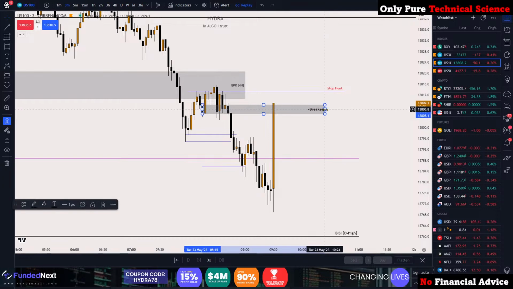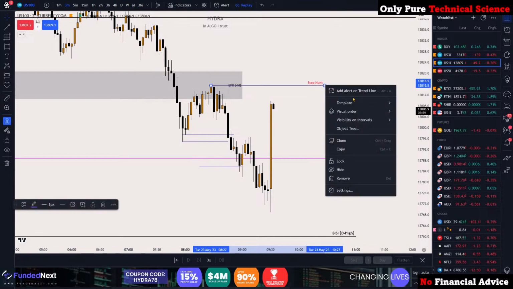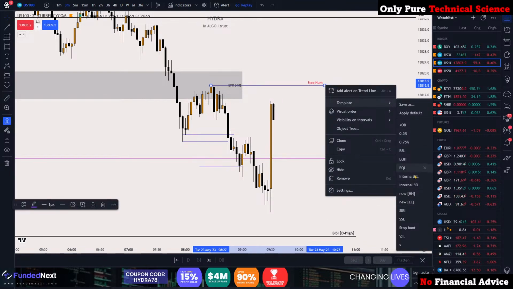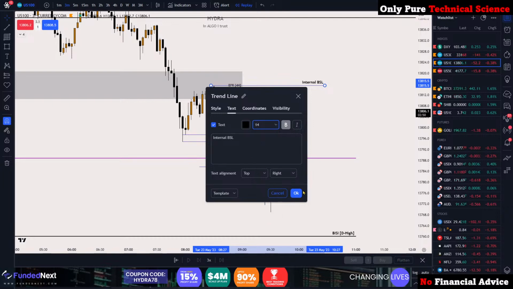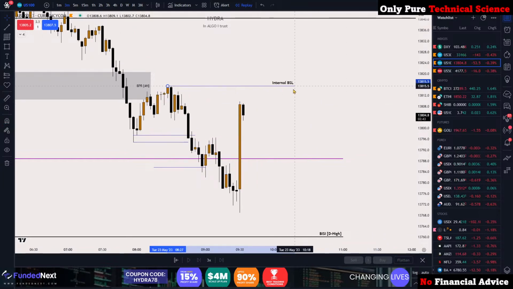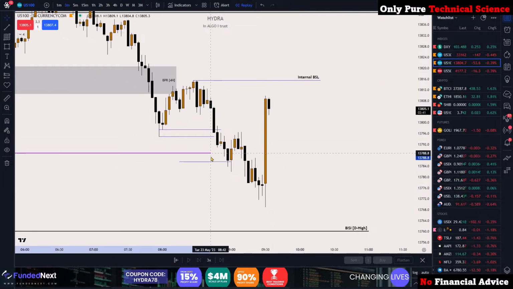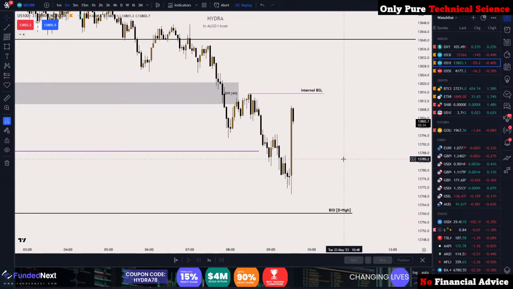So price is not respecting our breaker block, and it will hunt the equal high here. Price is really volatile today, right? Suppose your analysis is wrong and you are trading, your stop loss I think won't work, or even if it's working, you will be in a big loss. Right?